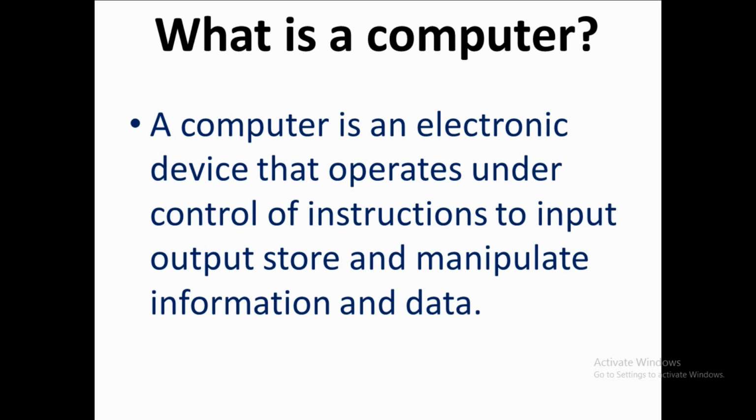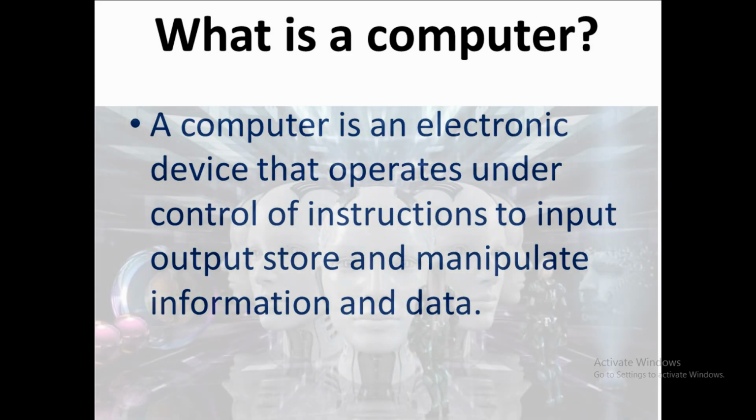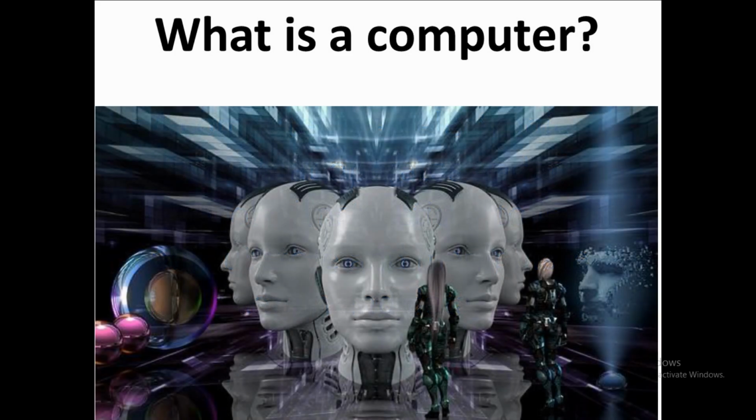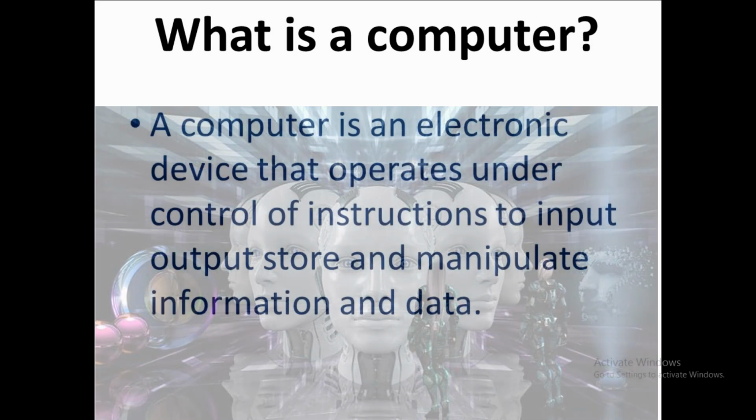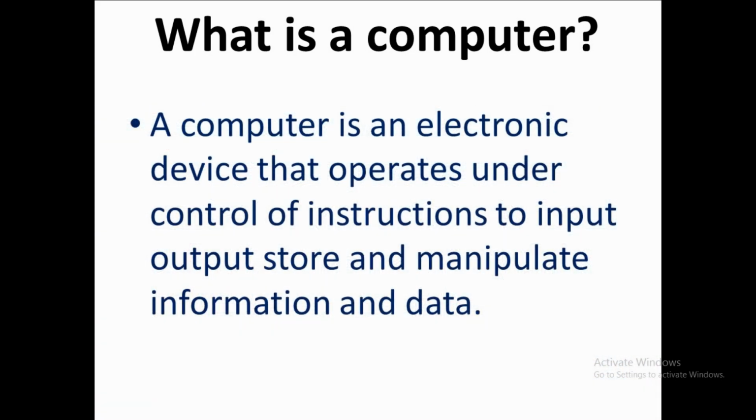We have seen some computers that operate under instructions that are sometimes given by a robot. And who designed the robot? You, a human being. So the user is the one that gives the instructions to a computer.